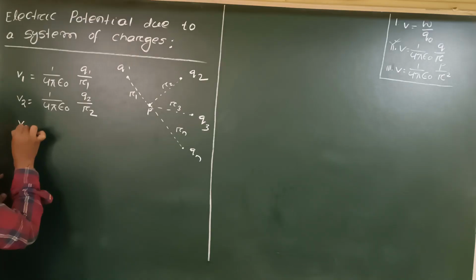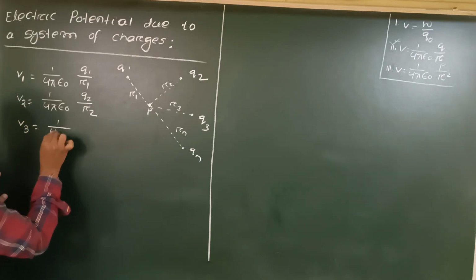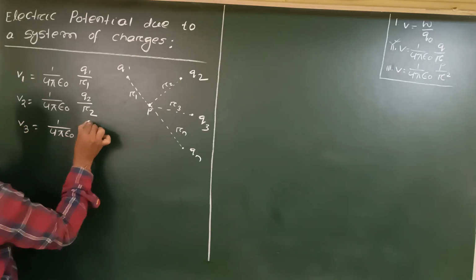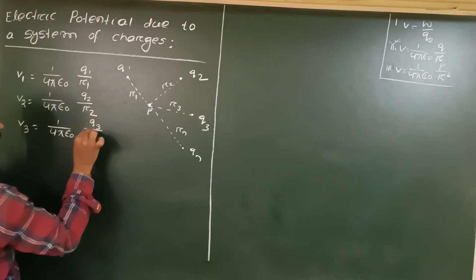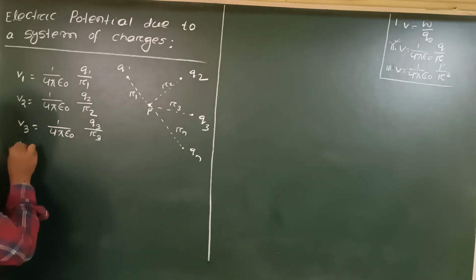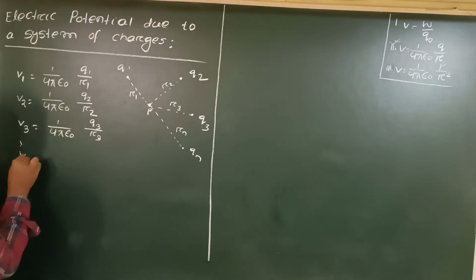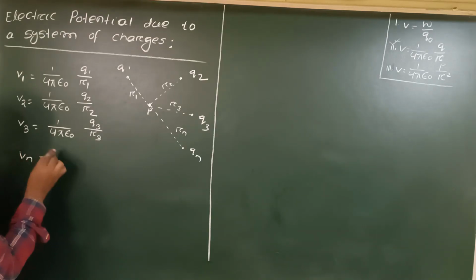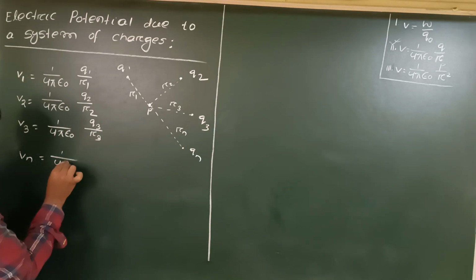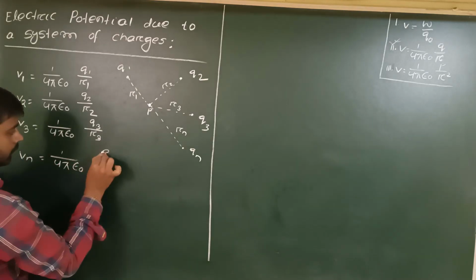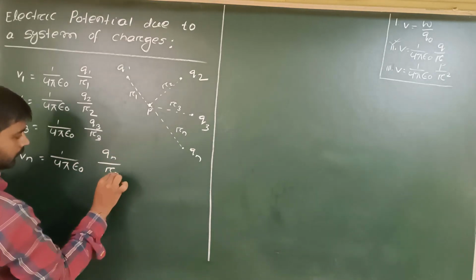Similarly, for V3, we can write 1 upon 4 pi epsilon naught Q3 upon R3. And for Vn, we have to write 1 upon 4 pi epsilon naught Qn upon Rn.